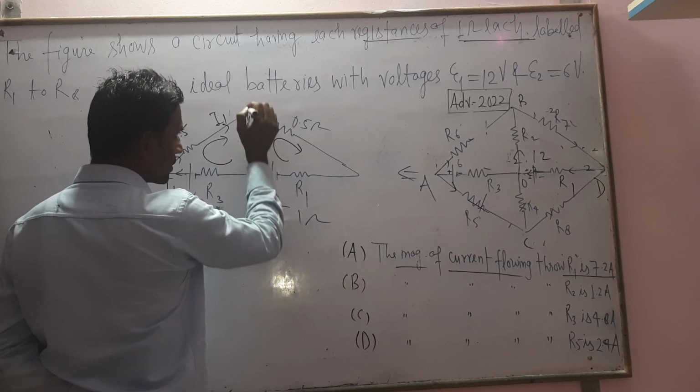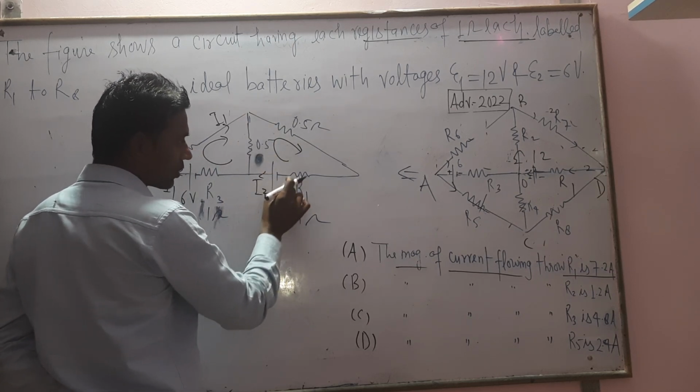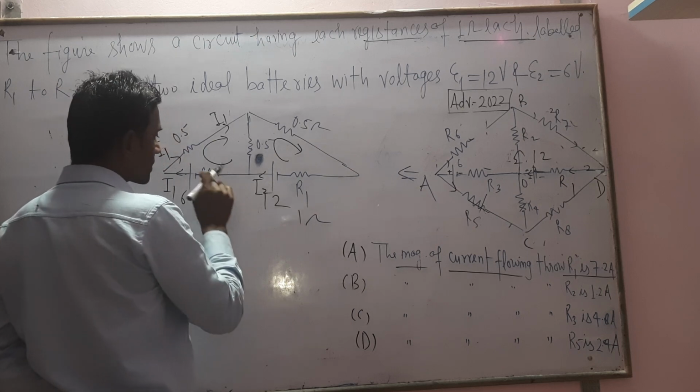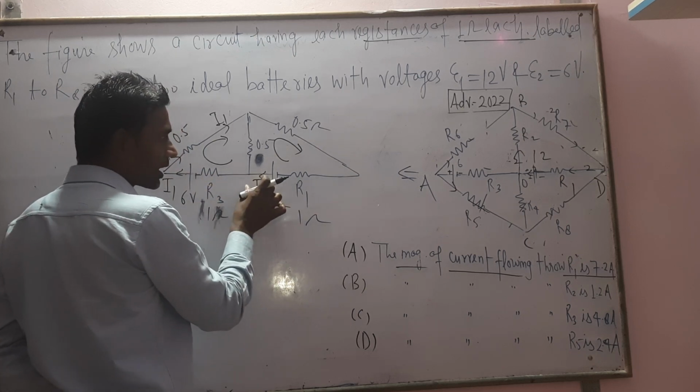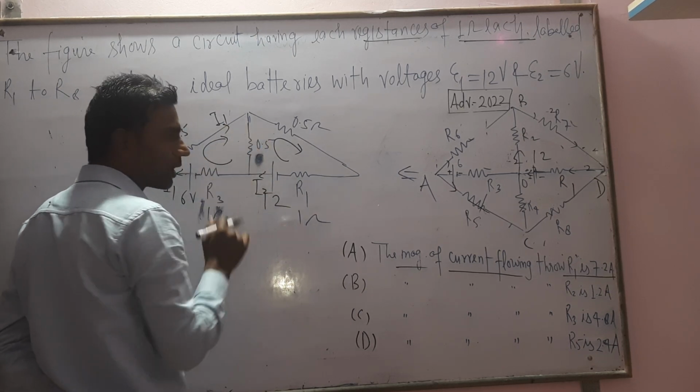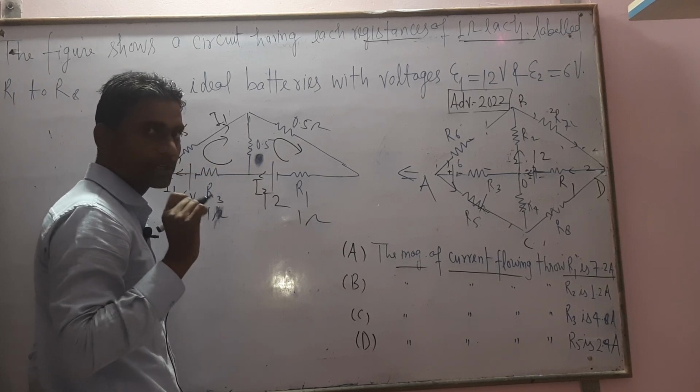I1 is here and I2 is here, because this is the 12 volt battery and this is the 6 volt battery. So current I2 is more effective compared to I1, or we can say I2 is greater than I1.